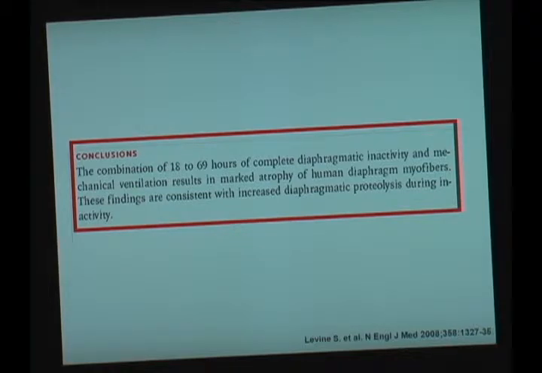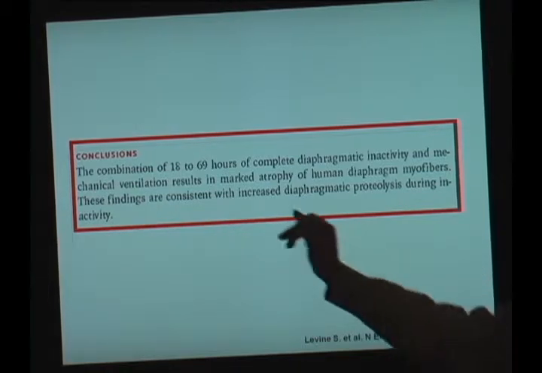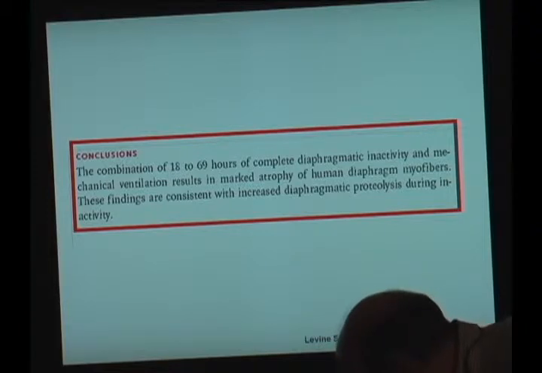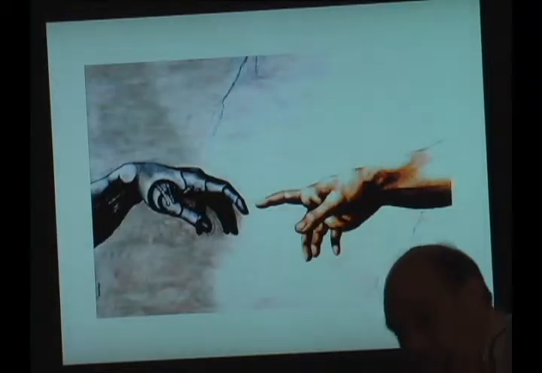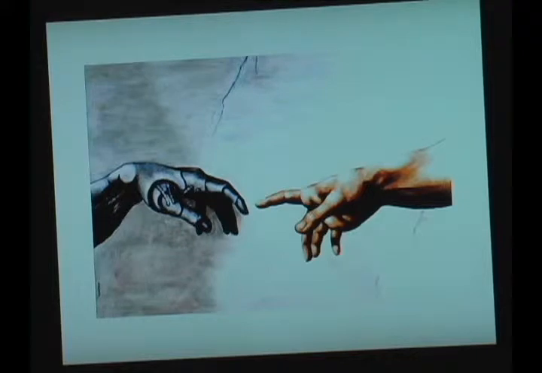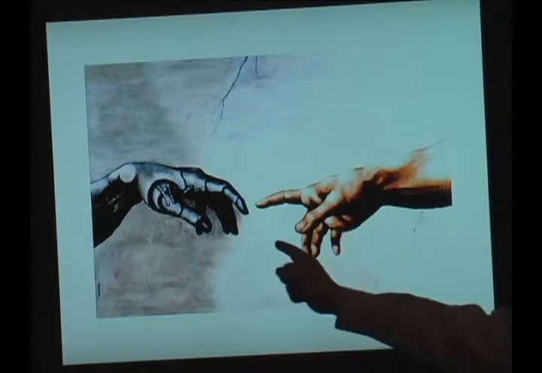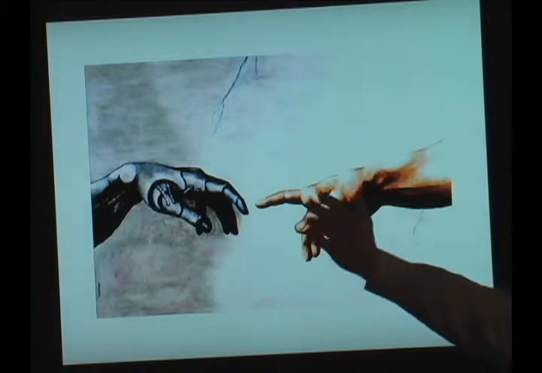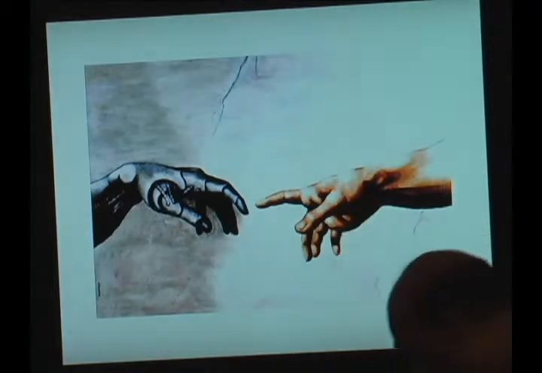If we don't use the diaphragm in this small range of time, we have a diaphragmatic injury. So this is the reason, because sometimes the patient is not so easy to wean, or the patient is not so able to interact properly with the ventilator. So our big problem is the patient-ventilator interaction.